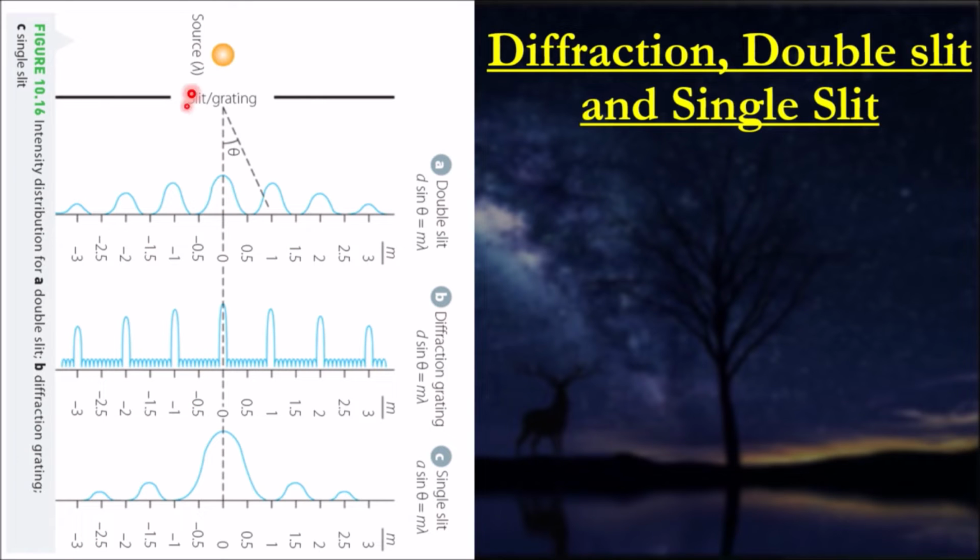So if we compare these, this is a double slit experiment. This is the interference pattern you see with a diffraction grating. This is if you're using a single slit interference. Notice they all show a similar shape.